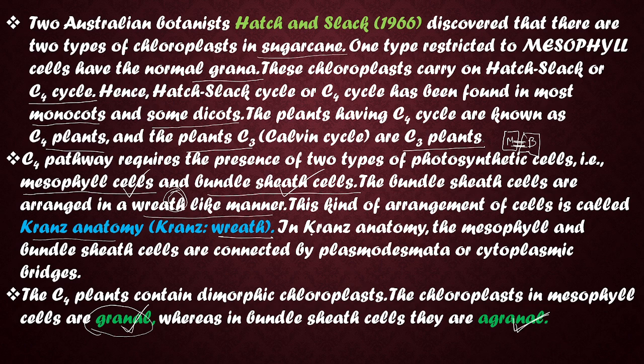In C4 plants, mesophyll cells and bundle sheath cells are present. In mesophyll cells, the light reaction takes place, whereas in bundle sheath cells, the C4 cycle takes place. That is, fixation of carbon dioxide and production of glucose takes place in the bundle sheath cell.